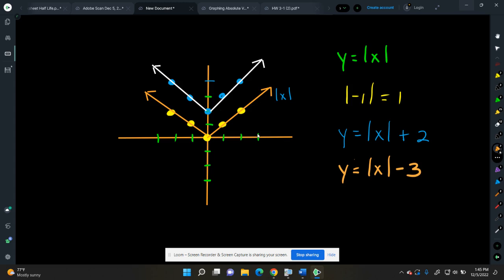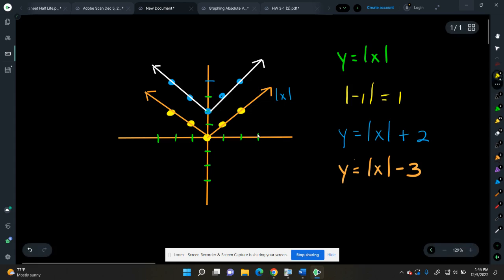Absolute value of x minus 3. Okay. So here's the absolute value of x right here.